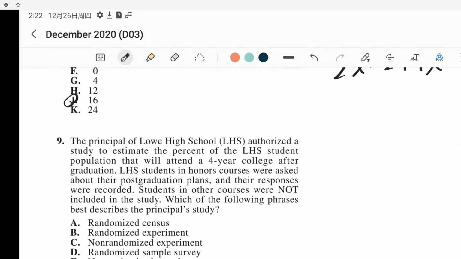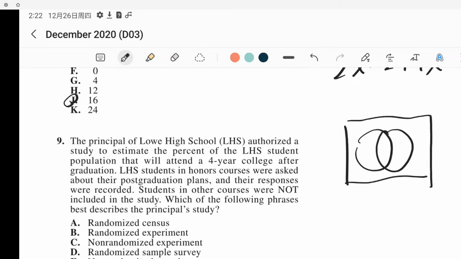So, we have multiple courses in the high school, and because the principal only asked a part of it, we can have a diagram of honors, not honors, or others. And because he only, this not honors part should not be completed.